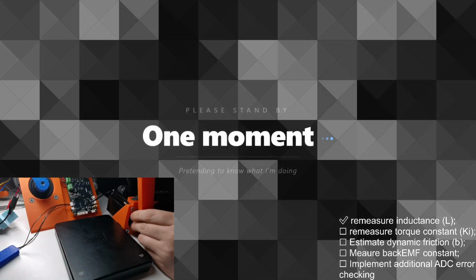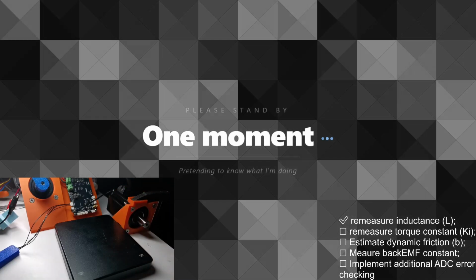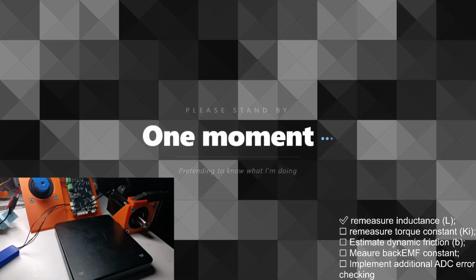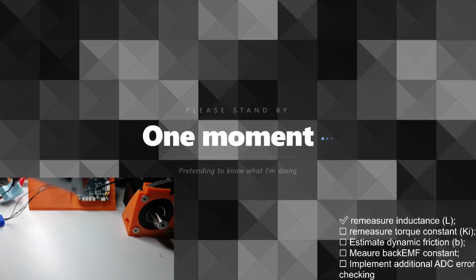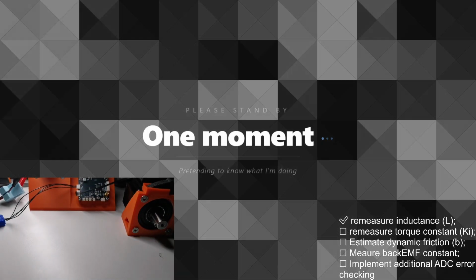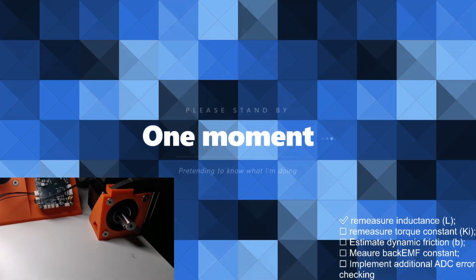Remove this as well. Okay, we don't need the scales anymore, and we just need to see the shaft spin.